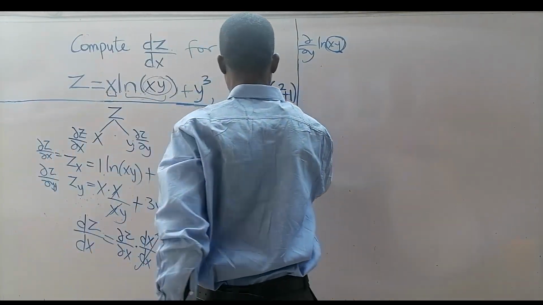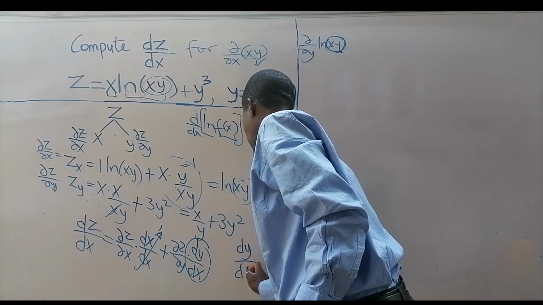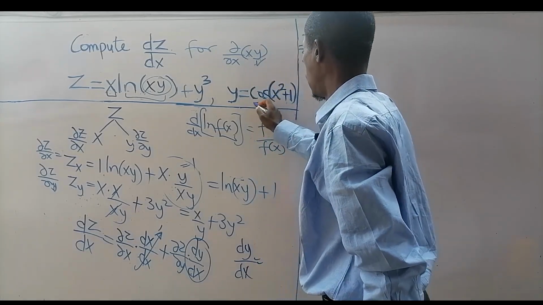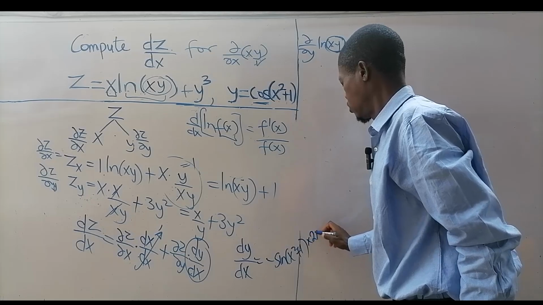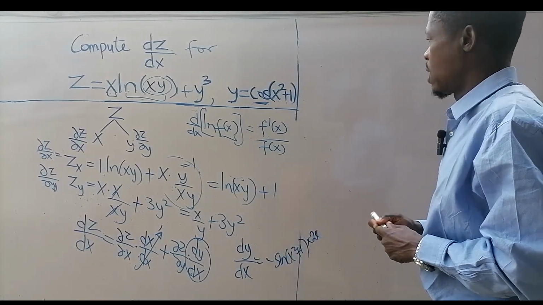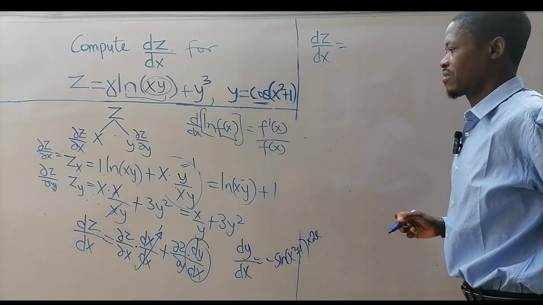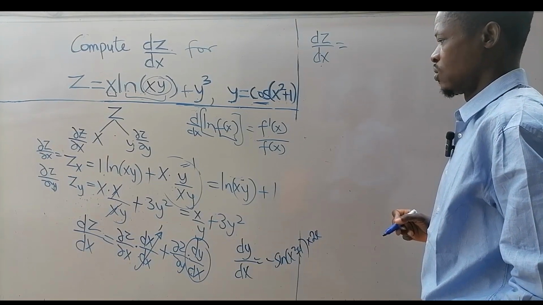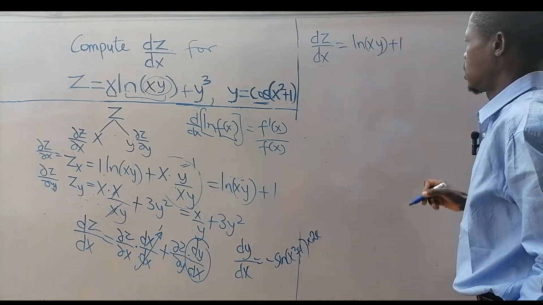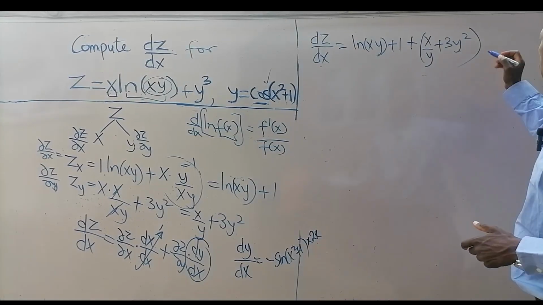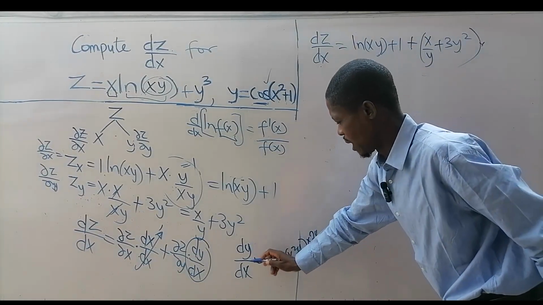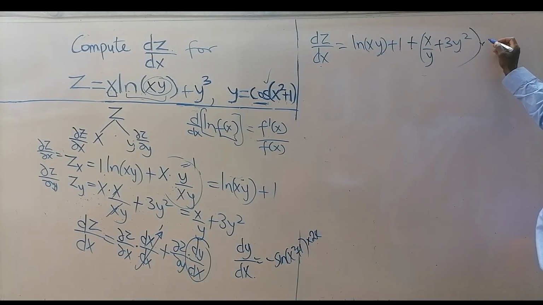Come back here, dy/dx of this cosine function is minus sine times 2x. So let's input what we have. The ∂z/∂x, we have the value for that, which is this, and then plus ∂z/∂y times dy/dx, which is minus 2x sine of x squared plus 1.